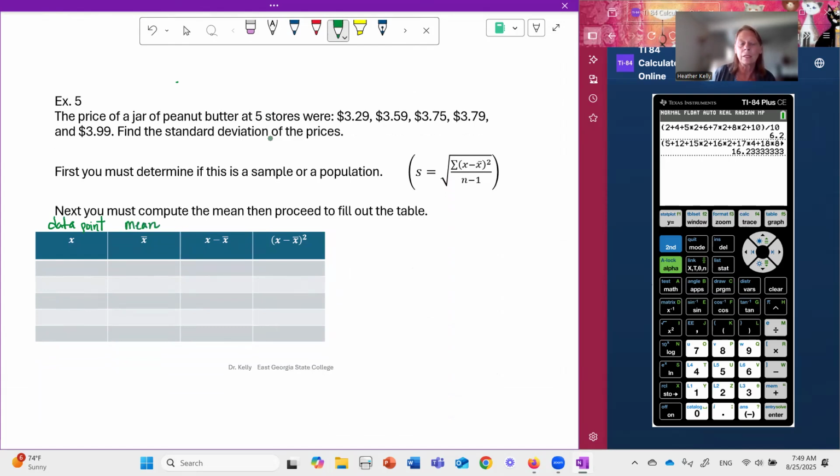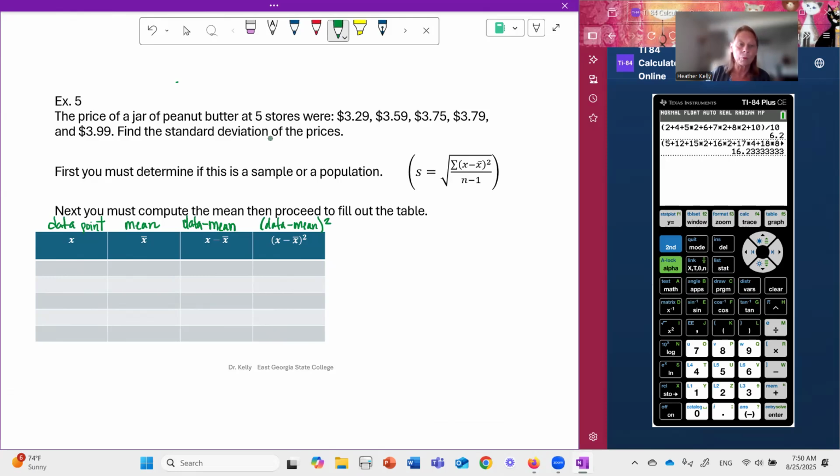This is the difference, the data minus the mean. And the last column is that difference squared.